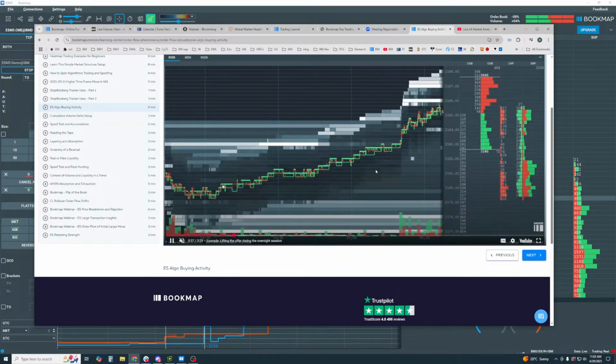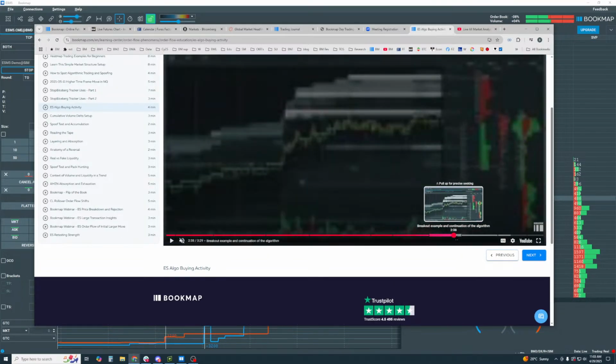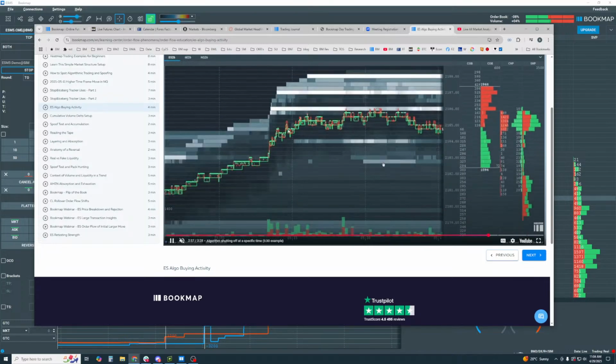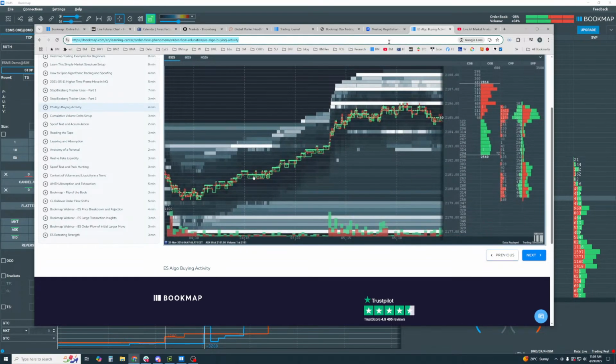Go back and take a look if you want. This is what I'm talking about, and you can really zoom into these areas and see how they're accumulating, and some of the algos. I'll put this into the chat for you guys as well.